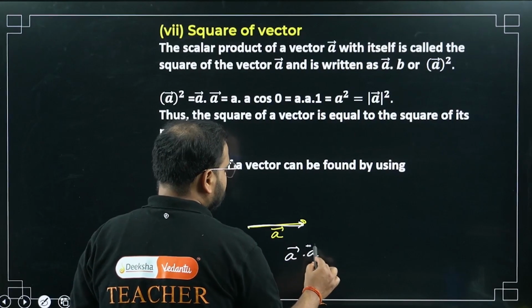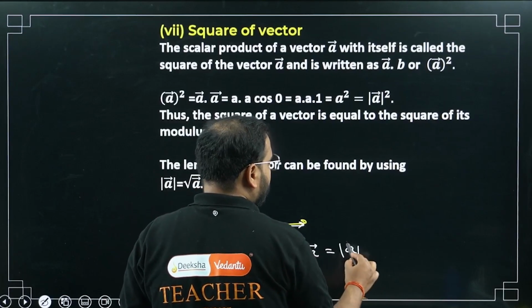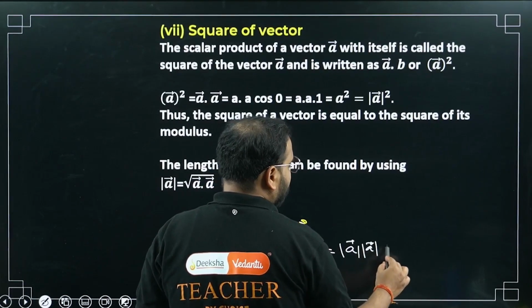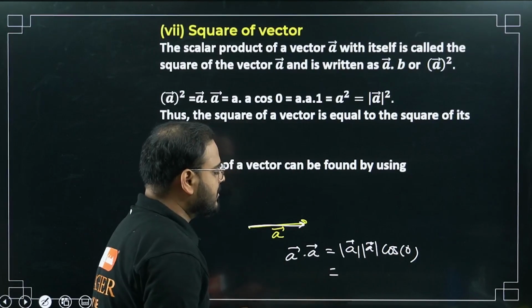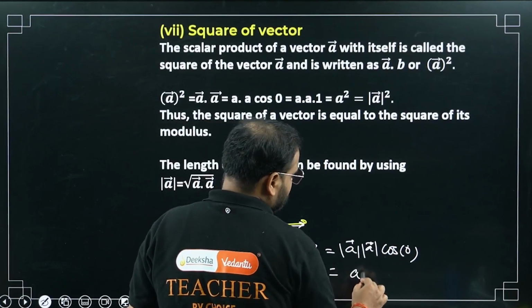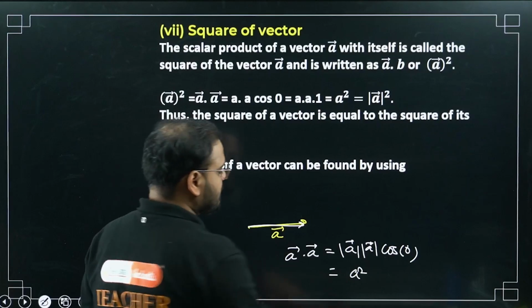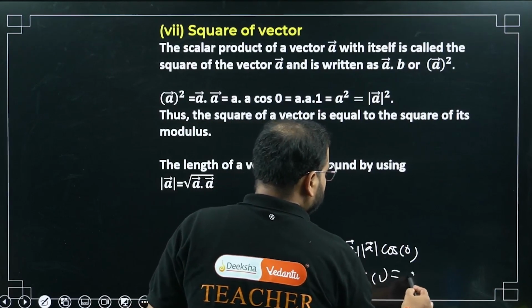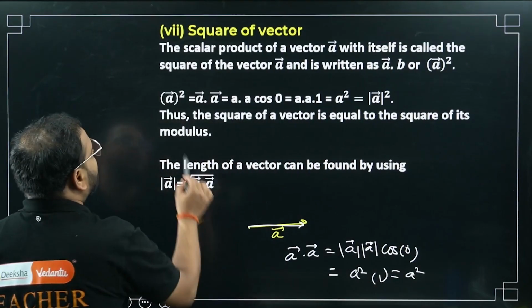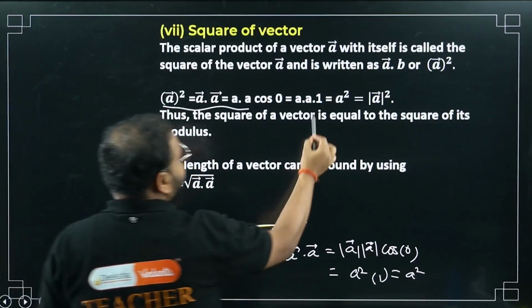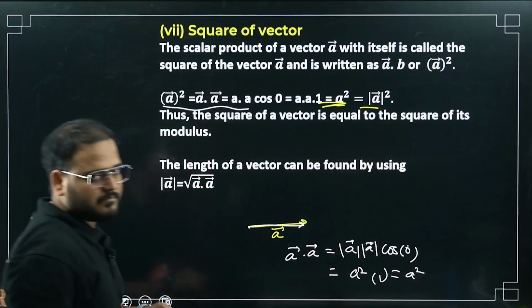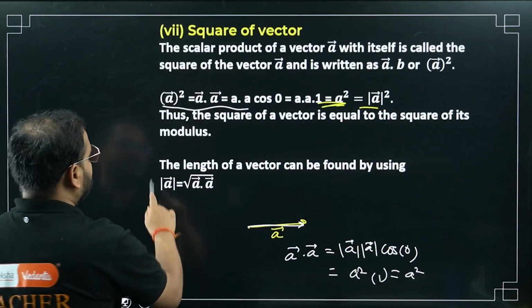A dot A, and cos 0 degrees. How much is that? A into A is A square, and cos 0 is 1. So the answer is A square. Whenever you multiply a vector by itself, the result is simply A square.